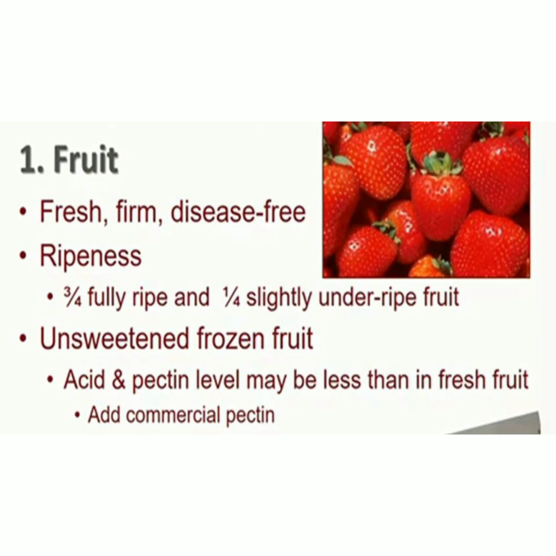Three-fourths fully ripe and one-fourth slightly underripe fruit should be selected, but it should not be green. If using unsweetened frozen fruits, the acid and pectin level may be less than in fresh fruits. Add commercial pectin so that the product gels.